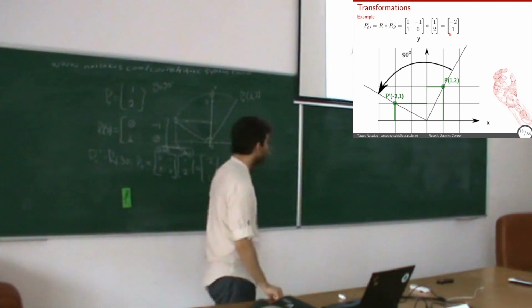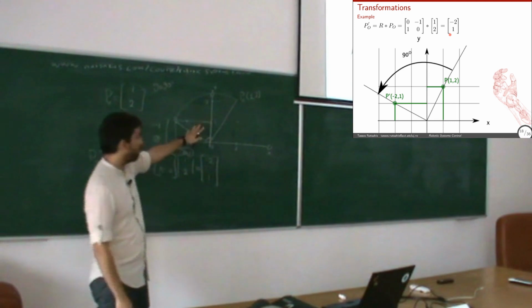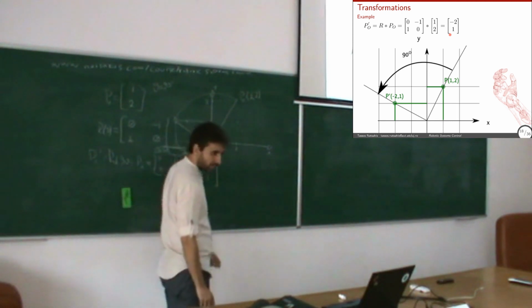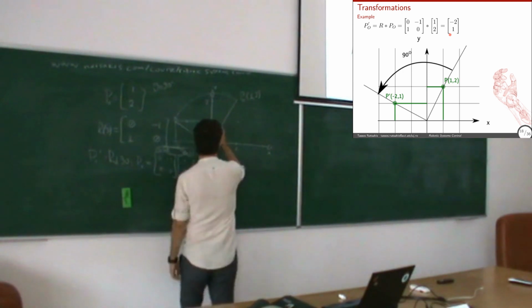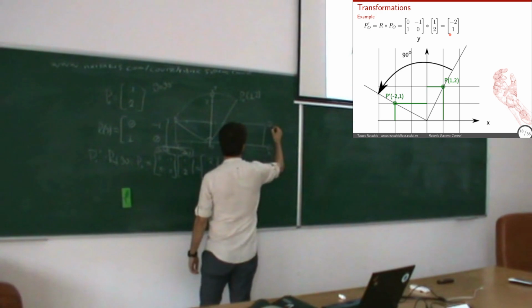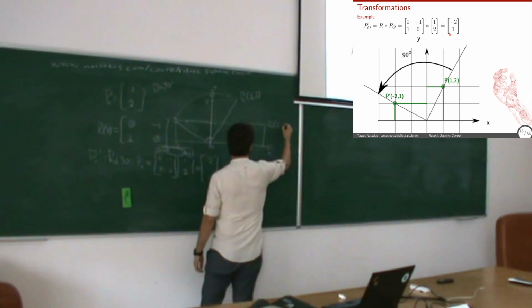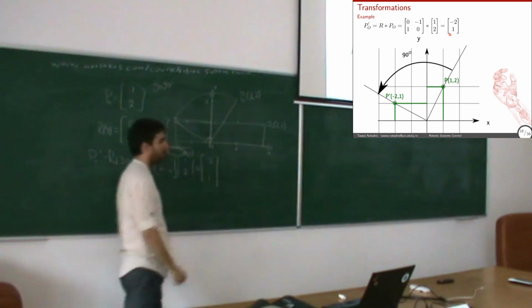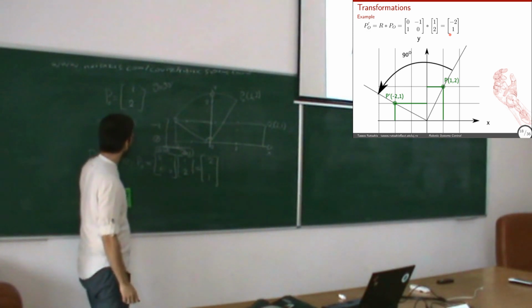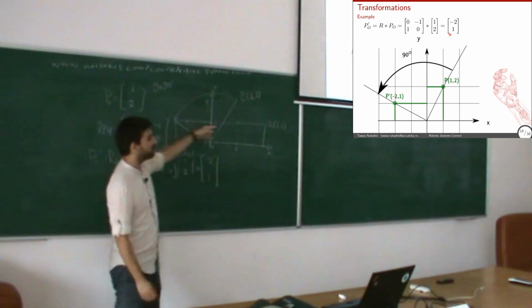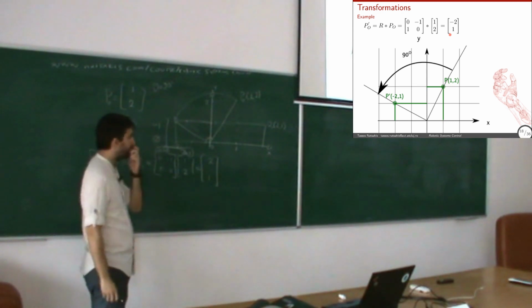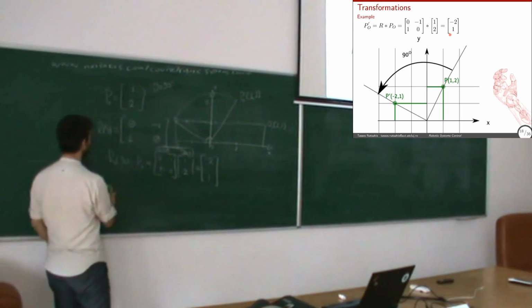Now I did this with 1 point, but I could have had 2 points. These 2 points. I could have had another point here called Q with coordinates 2, 1. I could have applied this, multiplied this with this point and this with the other point and get 2 results, or I could do it in 1 step. How do I do this?